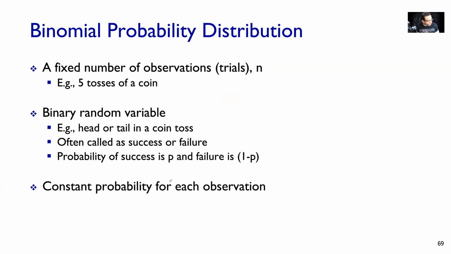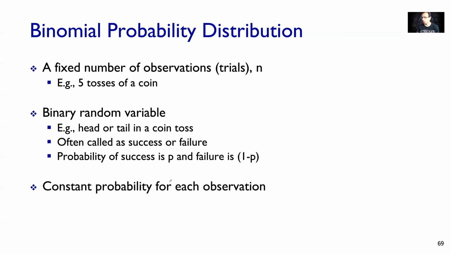I don't think I have a coin on me, but you may remember tossing a coin. You're conducting a fixed number of trials, and the outcome of each trial has two options: false or true. So it's either heads or tails, a success or a failure.